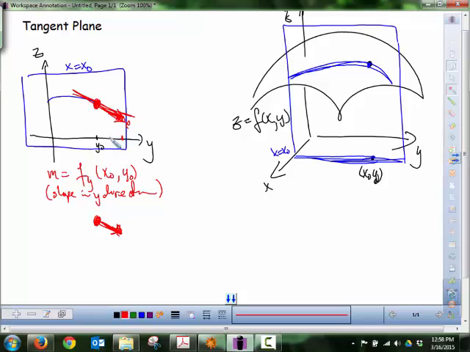I'm going to say, rise over run is what I'm getting at. If I want to run along the y-axis by 1 unit, then this vector would be 1 unit in the y direction.